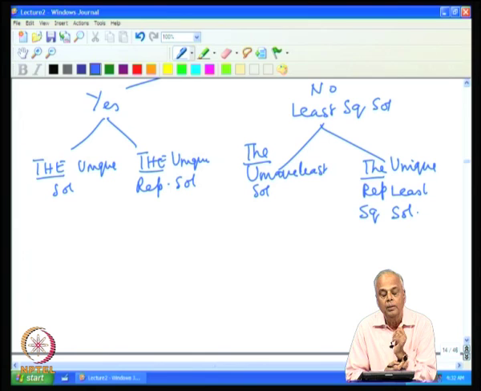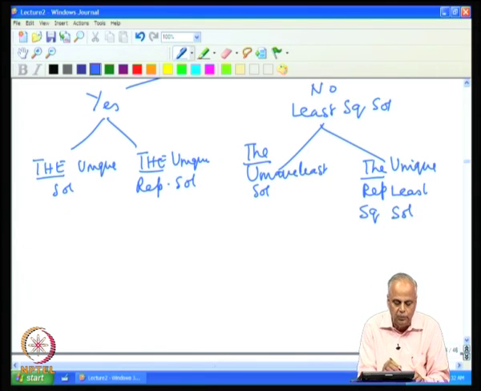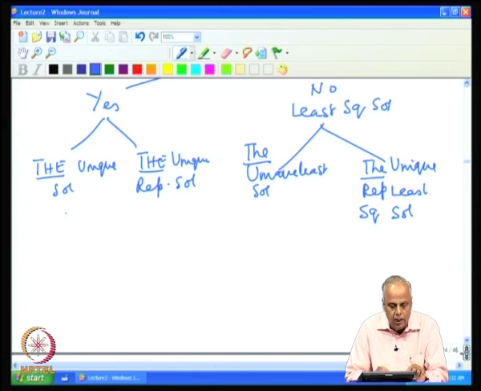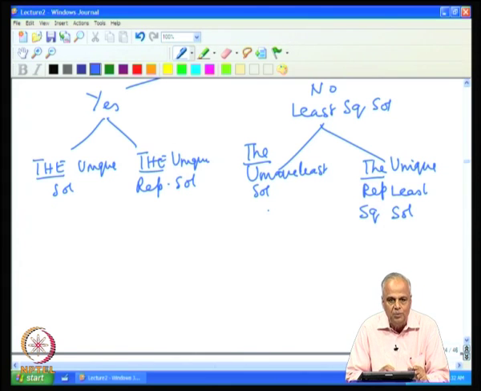Now, we see that finally, in all the situations we are looking at a unique solution: the unique solution, the unique representative solution, the unique least square solution, the unique representative least square solution. Therefore, in all this, finally we want the answer to be one unique vector.